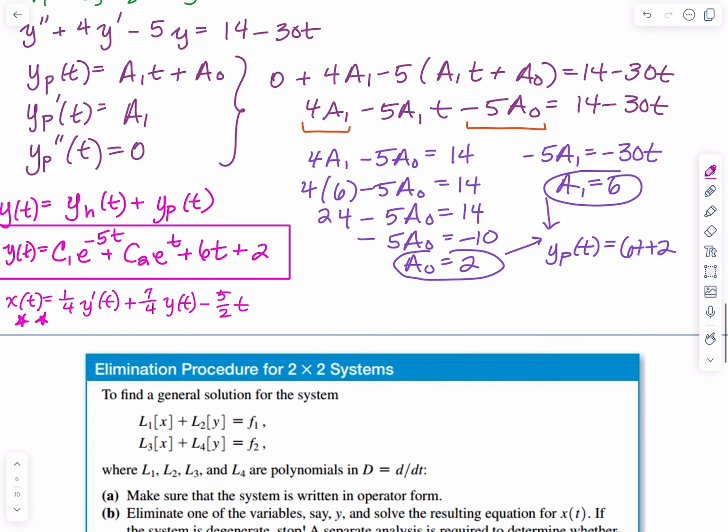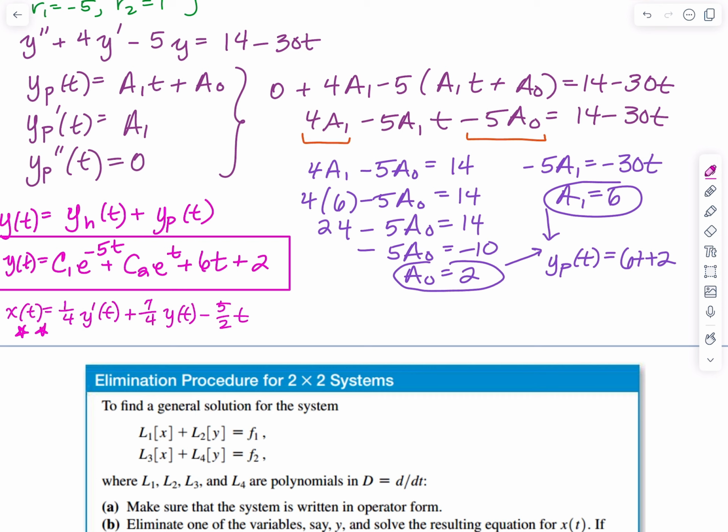So now we can say that x of t is equal to, and we'll use that 1/4 multiplied by negative 5 c1 e to the negative 5t plus c2 e to the t plus 6. So that is our y prime.